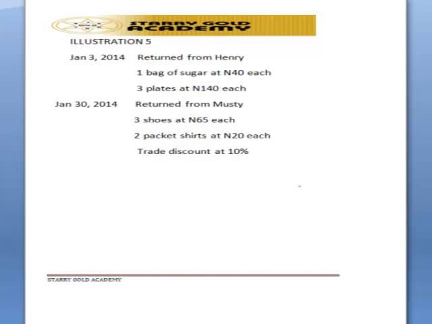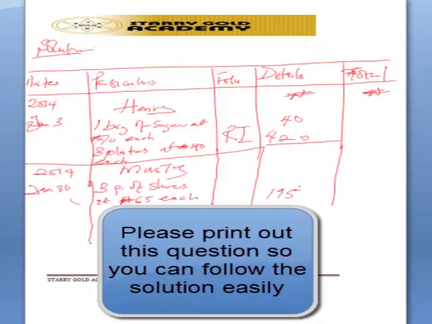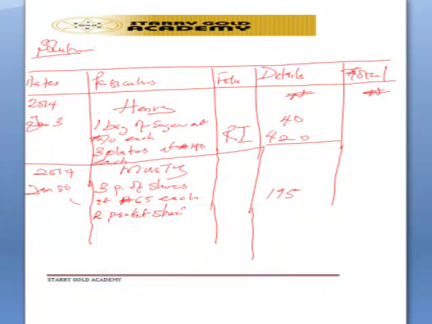What do you have there? We have 2 packet shirts at 20 naira each, and that is 40. If we sum this together, we have it as 235.